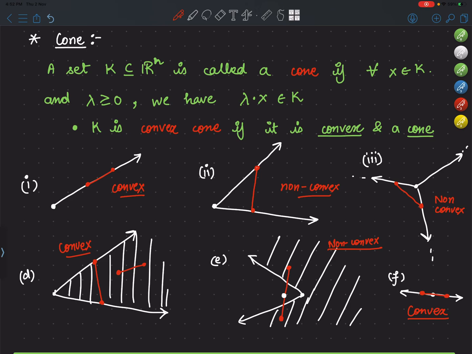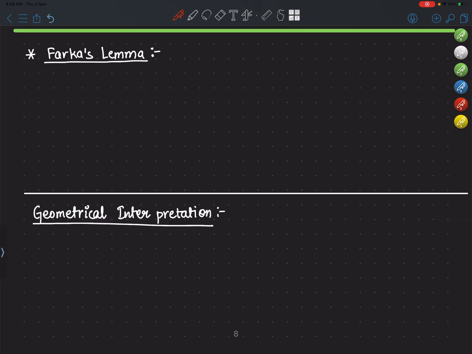Now we'll look at Farkas' lemma. So let's discuss Farkas' lemma. Let me write it first and then we'll discuss the lemma. Let A be a matrix belonging to R m cross n, and c be a vector belonging to Rn.